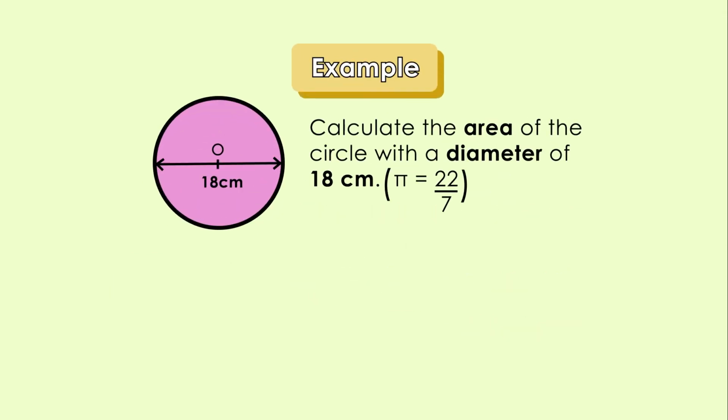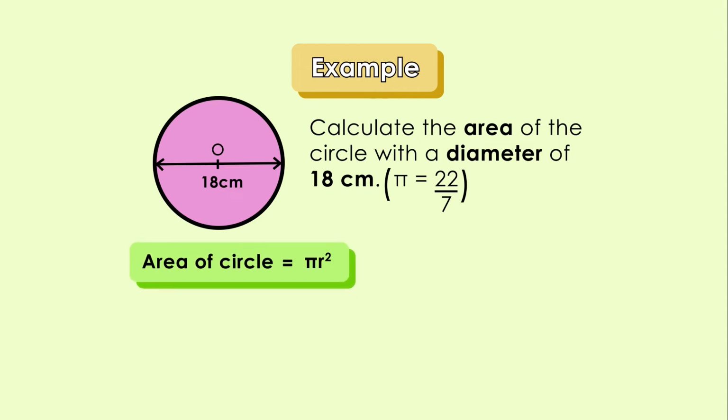Now, let's calculate the area of the circle with a diameter of 18 centimeters. First of all, write the formula for the area of a circle. Can you remember the formula? Excellent! The formula for the area of a circle is pi r squared.